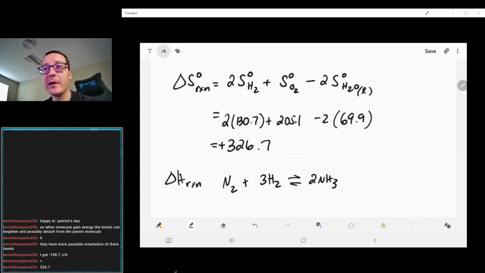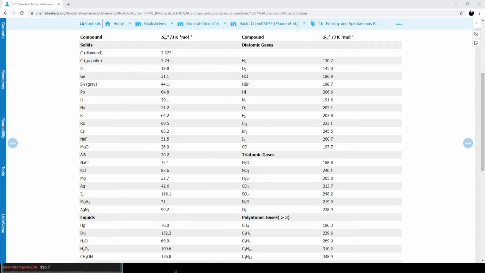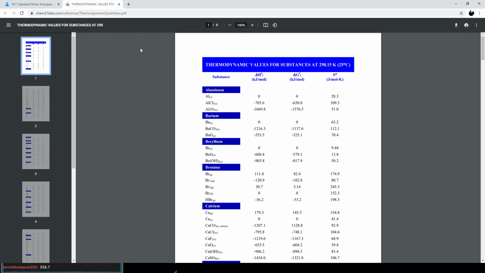So let's pull up our other table of fun things here. We're going to have to go back to 111. Where is the... Yeah, this one. Okay. Oh, in fact, this table actually does have delta S values, so we can just use this one.